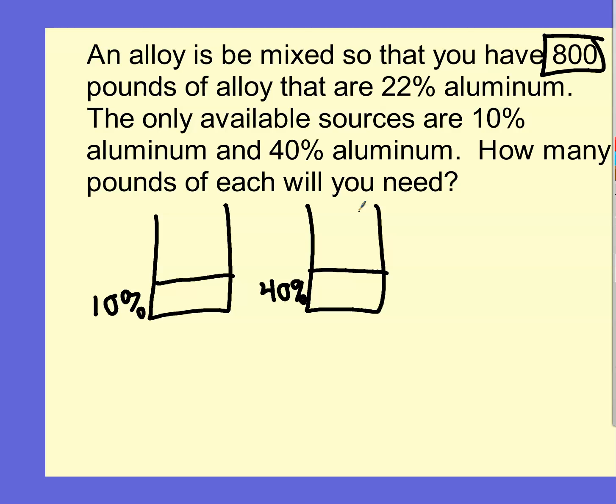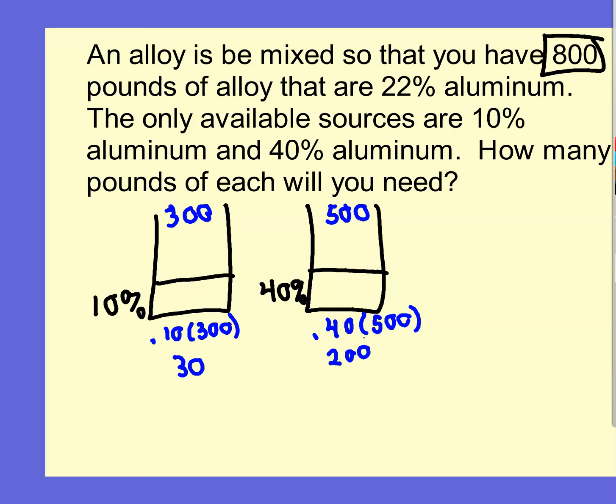Okay, so I could always just take a guess and say, let's have this one be, say, 300, and this one 500. But then I've got to figure out, when I do 10% of 300, I get 30, and when I take 40% of 500, I get 200, do I get the right amount of aluminum?